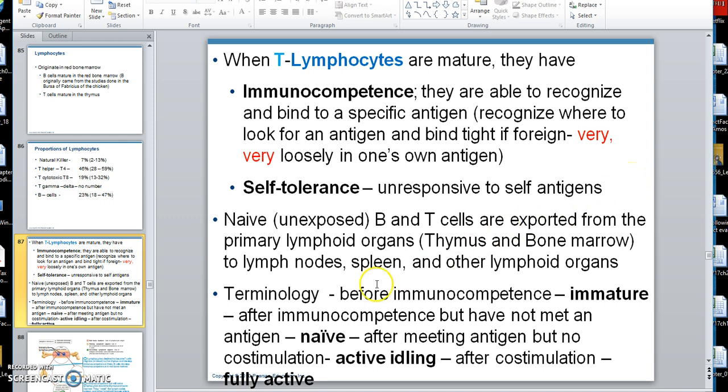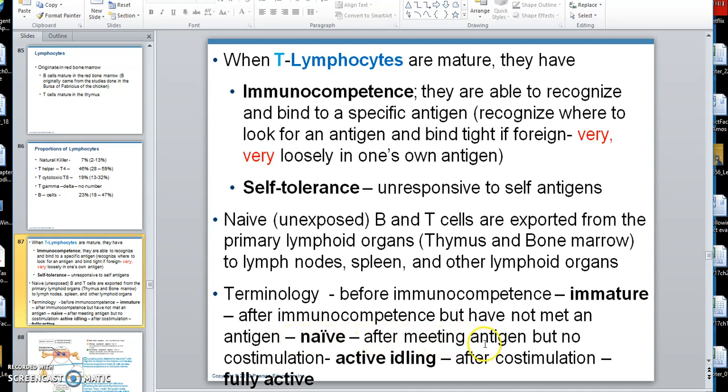So here's the terminology that you'll see. Before immunocompetence, that means you're coming straight out of the bone marrow and you have not been educated. So before immunocompetence, no education, the cells are immature. The newly released lymphocytes are immature. After immunocompetence, but have not met an antigen, so you've gotten educated, but you haven't seen anything to fight, then you're naive.